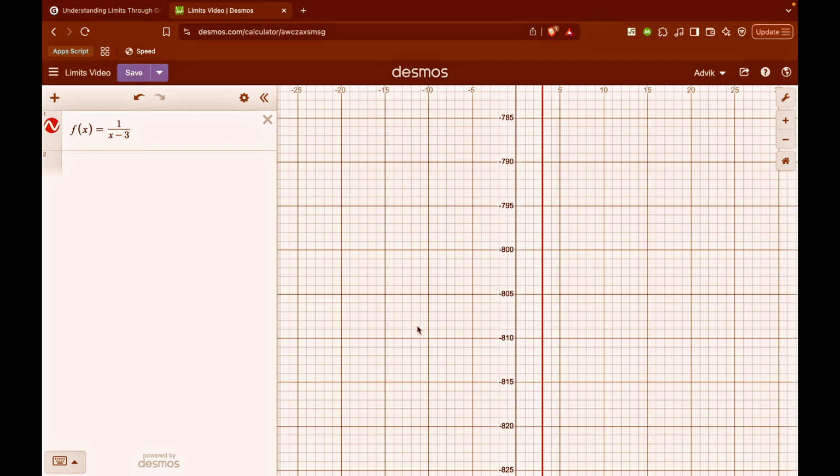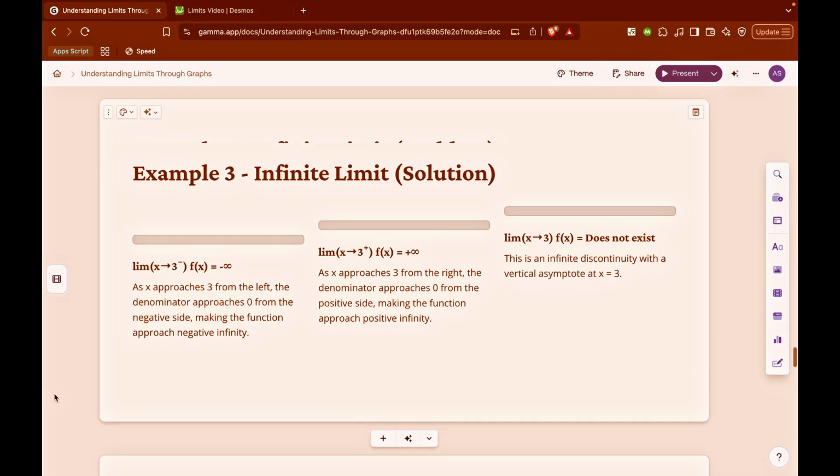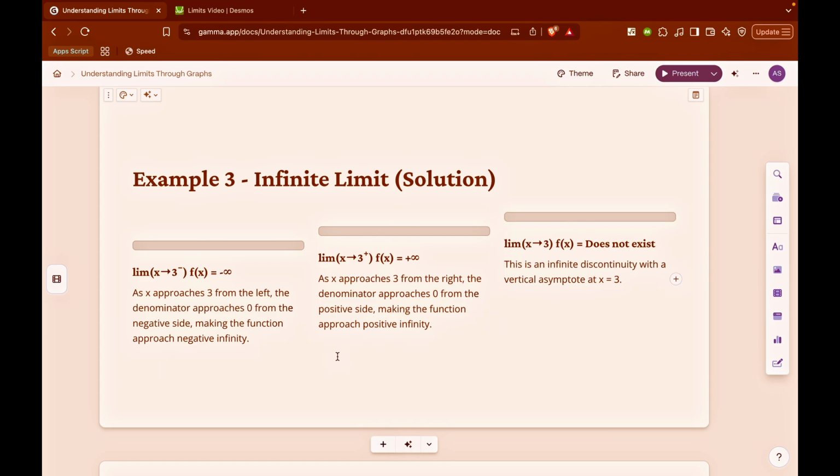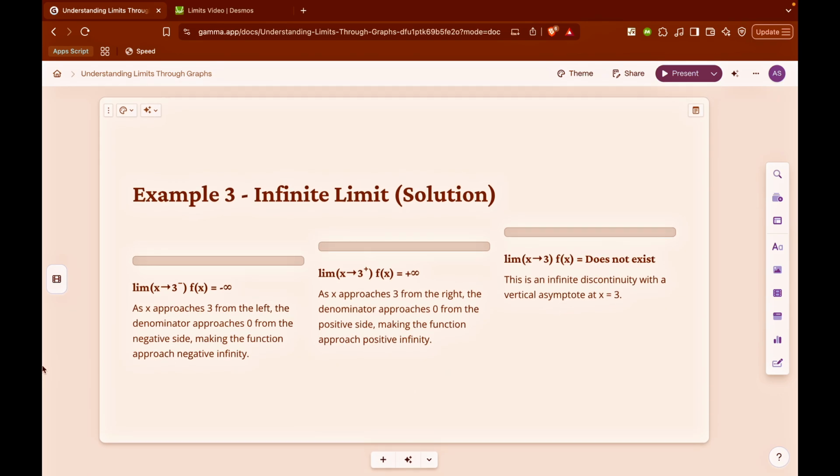So the limit from the left-hand side is positive infinity, and the limit from the right-hand side is negative infinity. The limit from both sides doesn't exist, as the limits are not the same. If we check our answer, it doesn't exist, and as you can see, with infinite limits it doesn't exist.